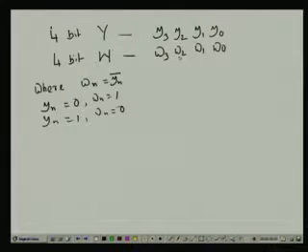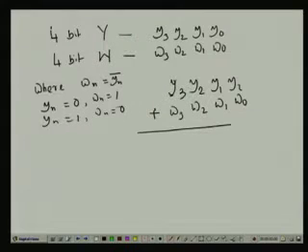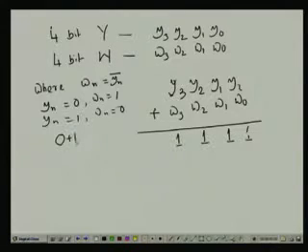Now, if I take the addition of these two, y3, y2, y1, y0 and w3, w2, w1, w0, as they are complemented, I will always get all 1s, because 0 plus 1 is 1.